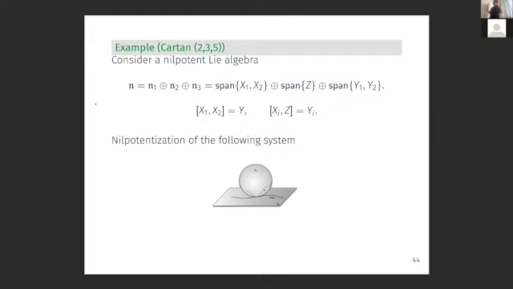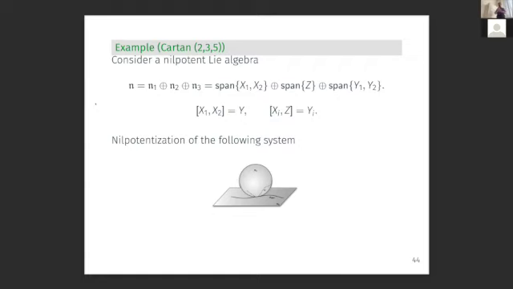Any bracket larger than 3 will disappear. Sorry, this one should be a z, not a y. But anyway, you have a bracket of x1 and x2 gives you z, not y, and x1 with z gives you y.